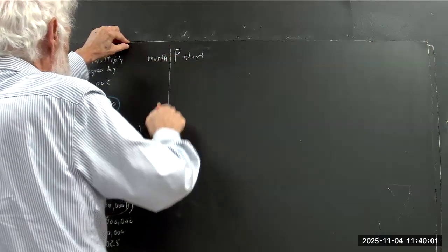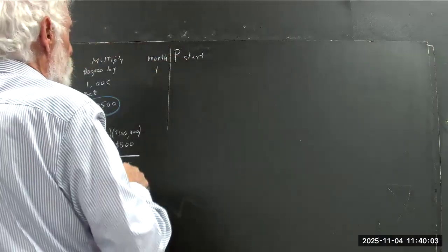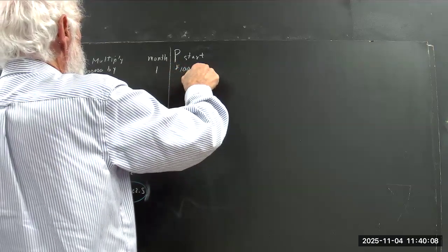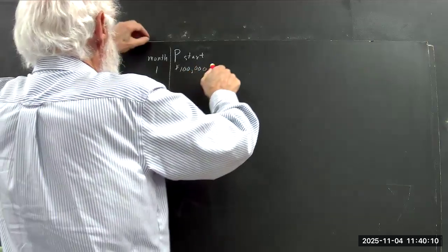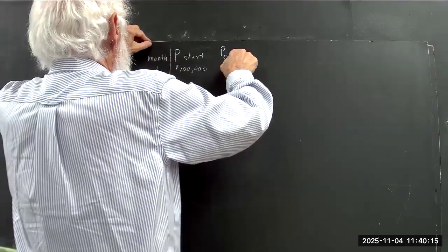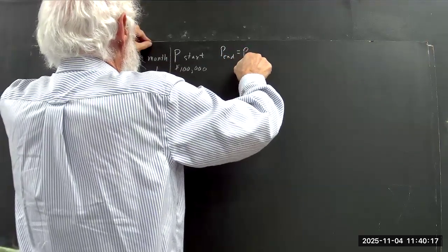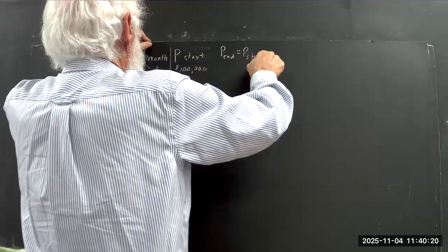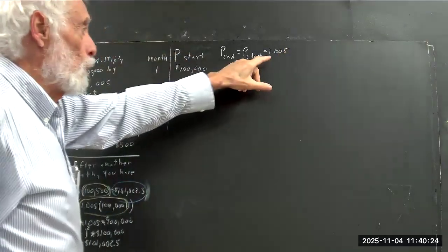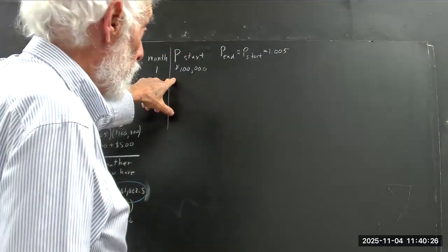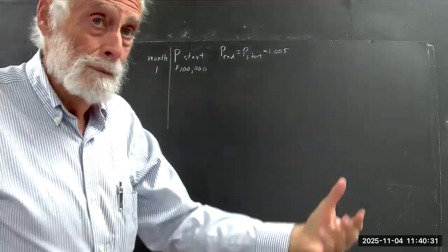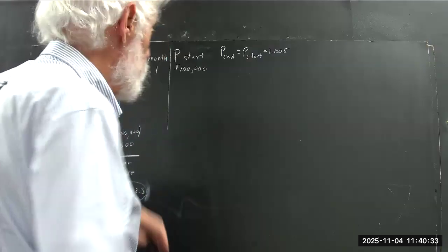Month 0 doesn't make a lot of sense. So we'll say month 1. The principal at the start is $100,000. Principal M is the principal at the start times 1, which will give you your $100,000, plus 0.005, which gives you your interest, $500.